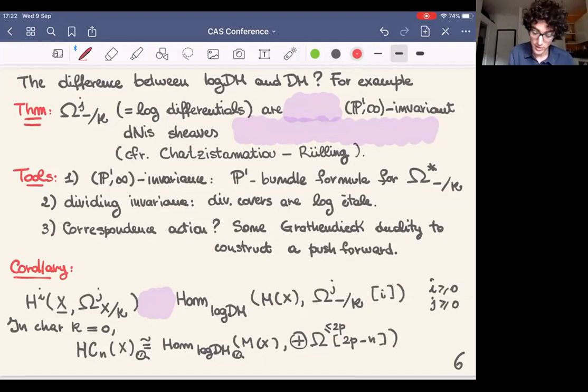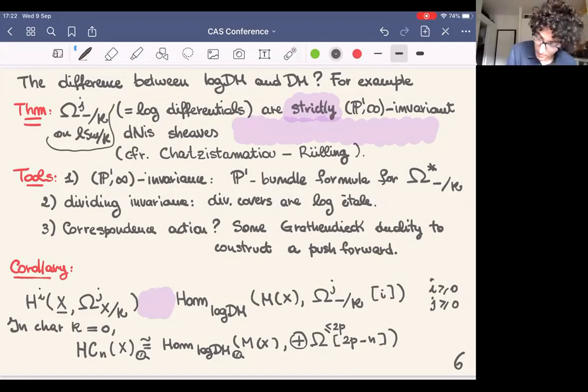You can consider the sheaves omega j over k, the sheaf of log differentials. A priori this is defined on log smooth over k, well, even on a bigger site, but it doesn't matter. The theorem says that these are strictly P1 infinity invariant Nisnevich sheaves with log transfers.